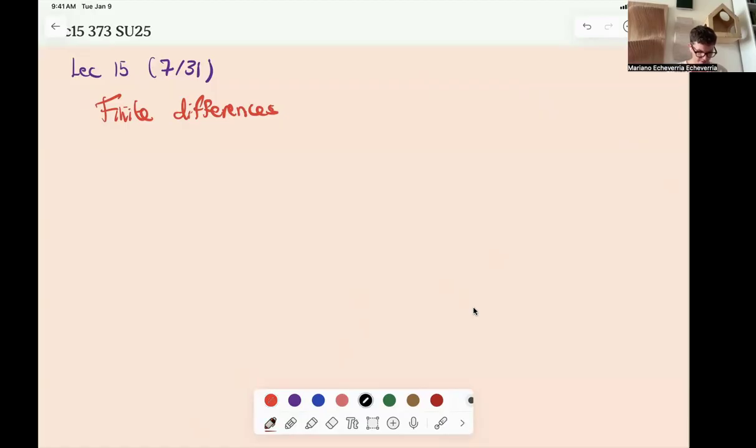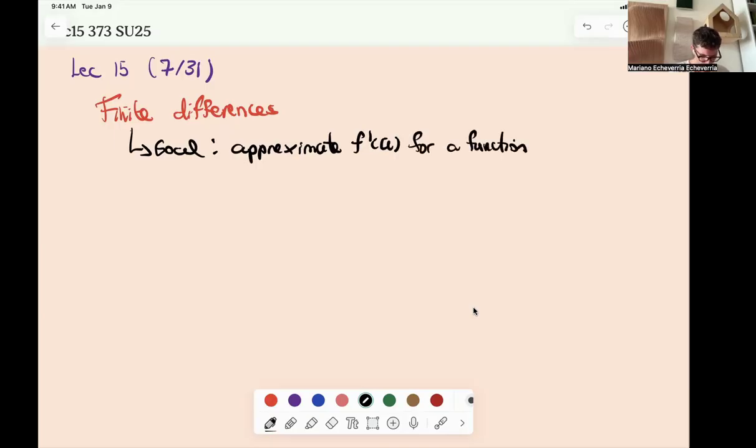So here, the goal is to approximate f prime of a for a function f of x and a given point a.